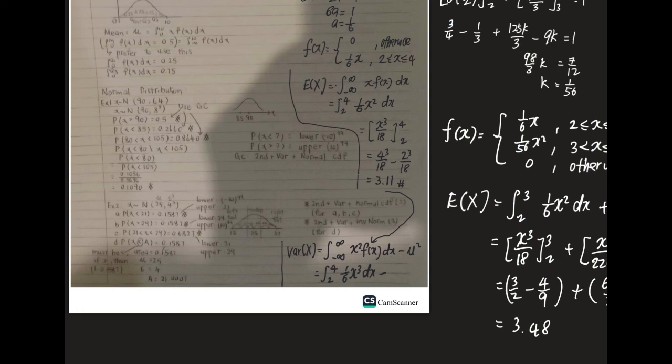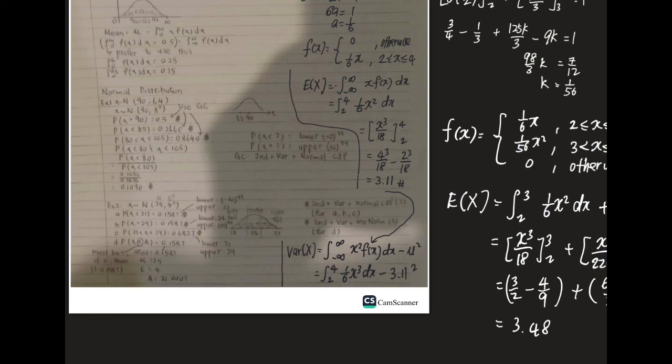That means minus 3.11 to the power 2. We found the mean here; E(X) is the mean. So you minus the mean to the power 2. Then after that, I leave it to you. You integrate, then minus this value. I assume you understand already. I just do the starting only, because the steps might be too long.